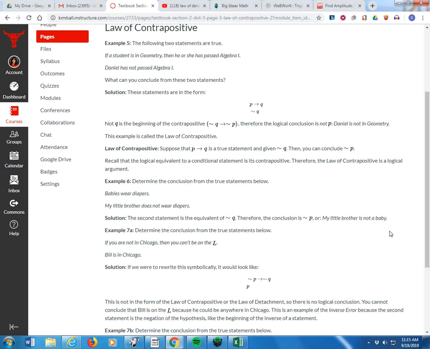If we assume, if the temperature drops below 32 degrees, then it's possible it will snow. If that's my conditional. And then I tell you it's not snowing. From that statement, even though it may not make sense, you're going to be able to say it's not below 32 degrees. If they give you not Q, you can conclude not P.